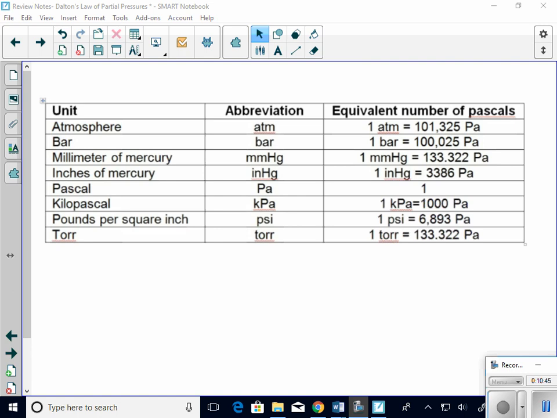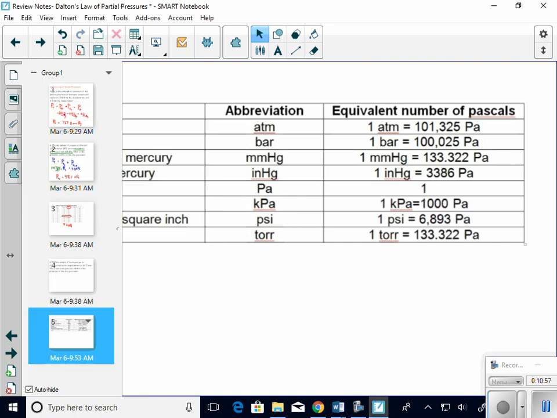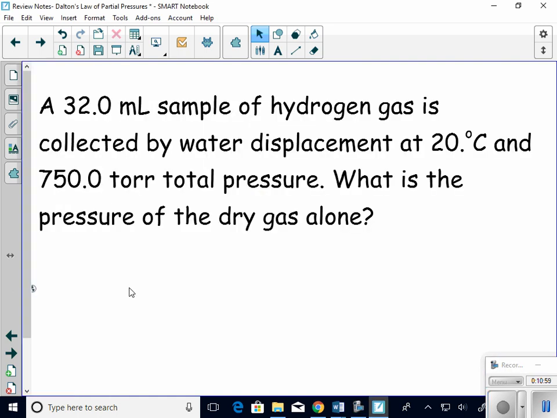Okay, because you can see there that it has a torr down at the bottom, right? So a torr is another abbreviation for a pressure. Now, when I come up with this question, go ahead and copy the question down. A 32 milliliter sample of hydrogen gas is collected by water displacement at 20 degrees Celsius and 750 torr of total pressure.